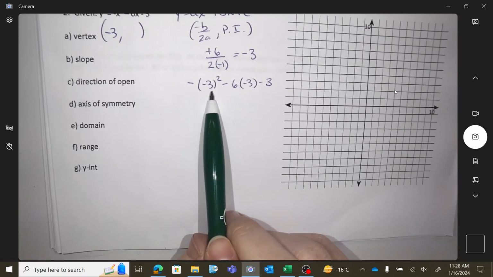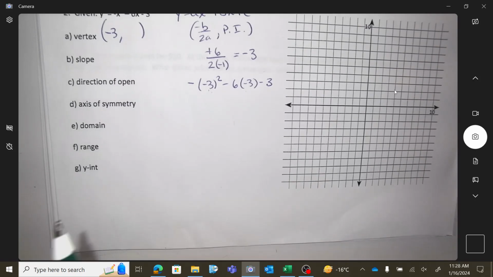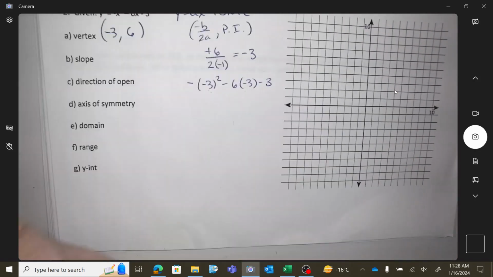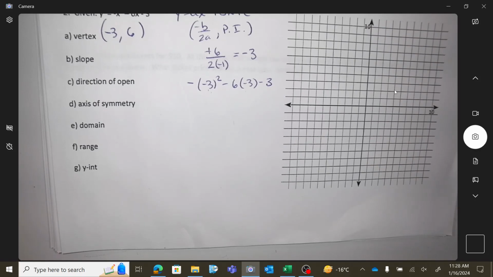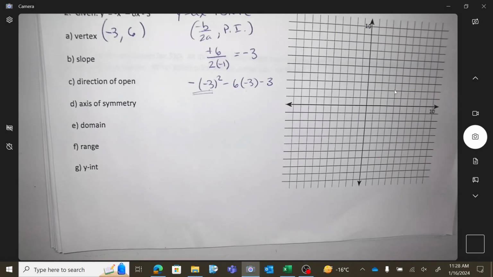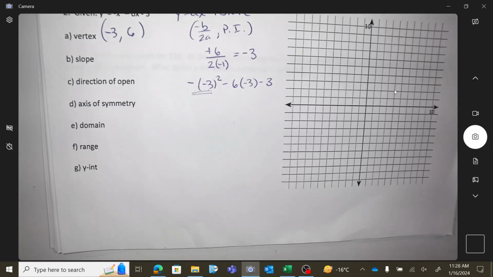So plug in negative 3 into the x positions. And anybody feel super confident in their number? 6. Yep. Okay, this is the part that kind of tricks people. Make sure you have typed that in properly.